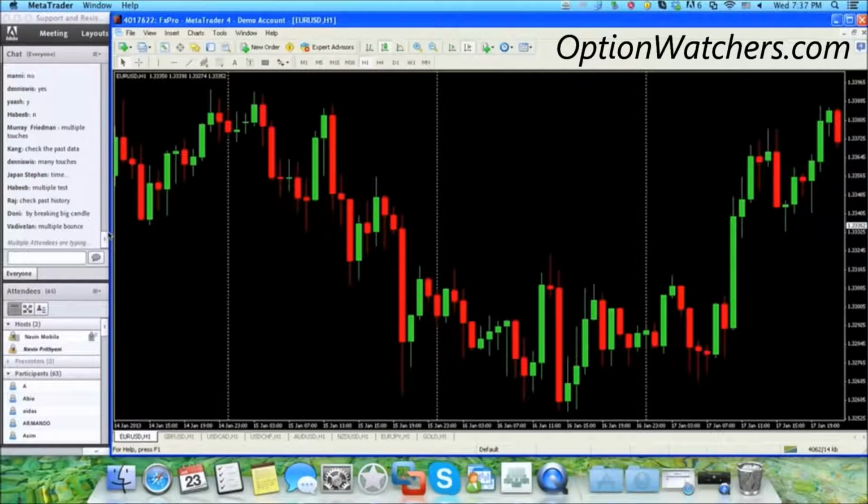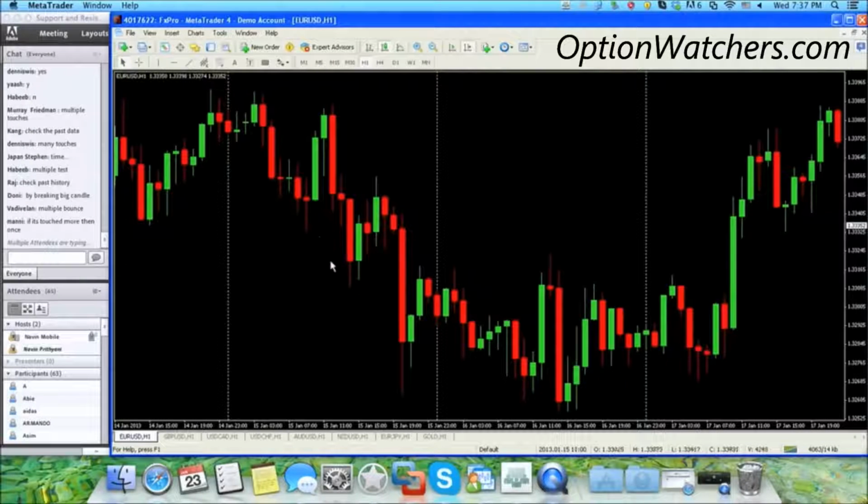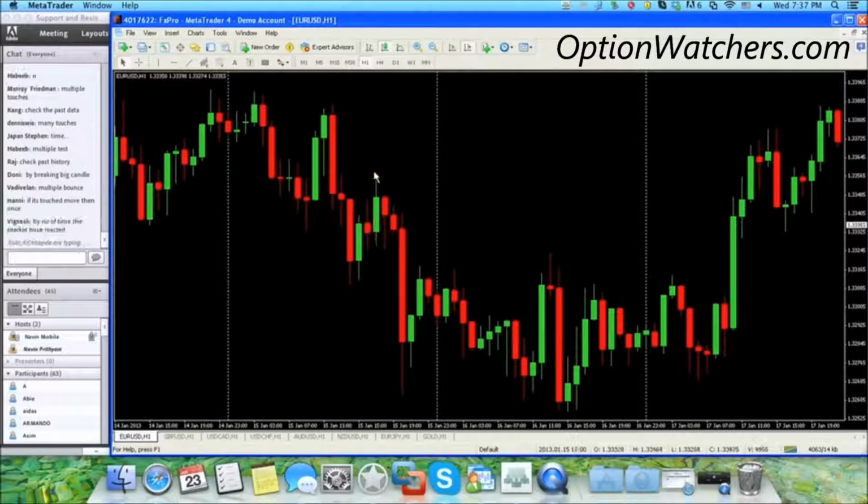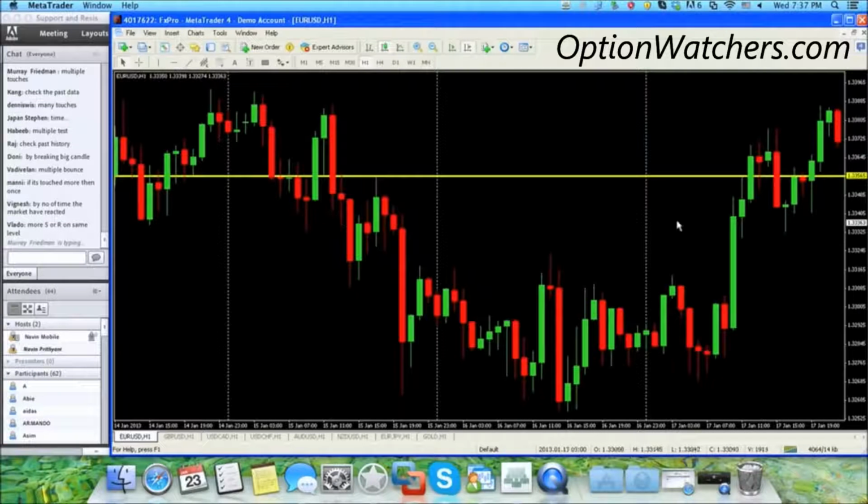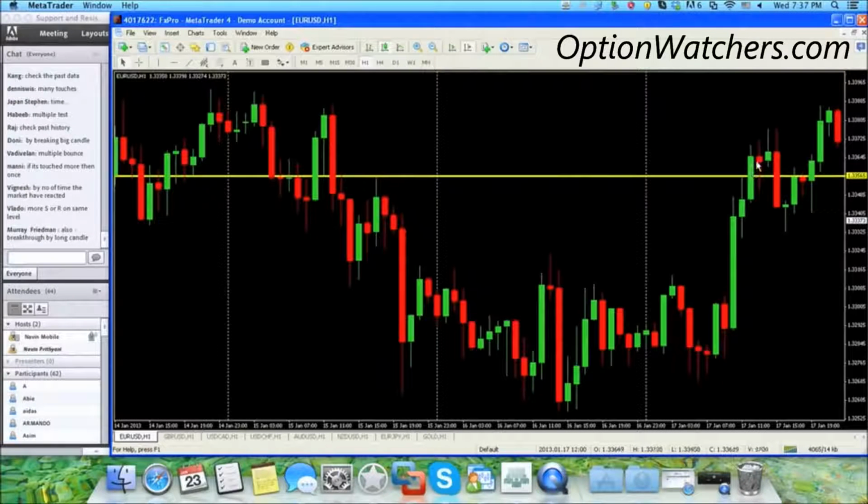Yes, multiple tests. Here's the thing. Take a look. On this particular day, the market moved up, it stopped here, and then it went down, right? So if I actually put my line here, I can see what happened here. It never held.